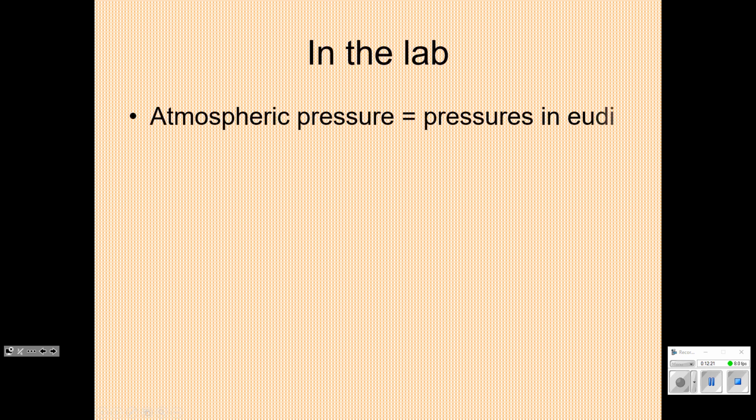So we're going to be using a new piece of equipment called a eudiometer, which I abbreviated as UDI on the board. A eudiometer is a glass tube that we can collect gas in.